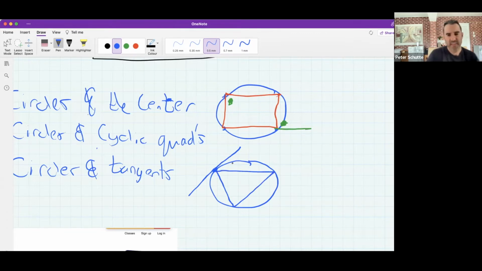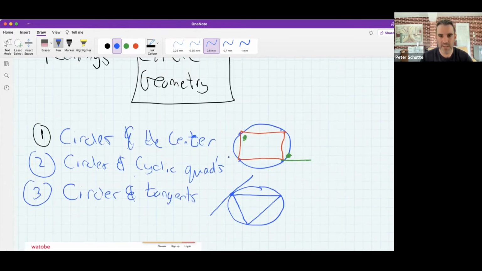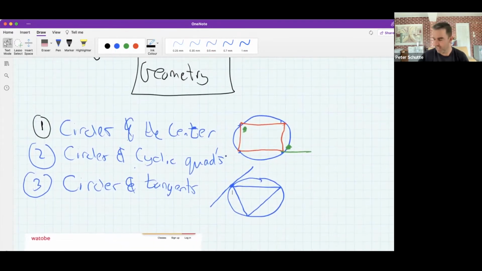Okay, so that was just my little quick look back on memory lane. Just give me a thumbs up if you are with me in general about those three groups and how circle geometry is really about those three groups of facts, and then obviously visually seeing those facts in drawings. Okay. Yeah, fantastic.